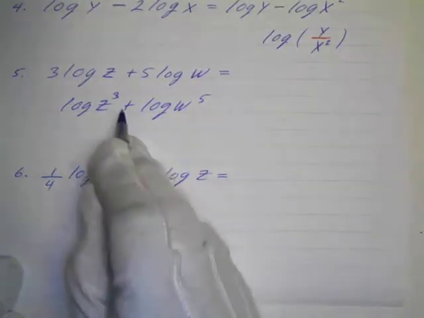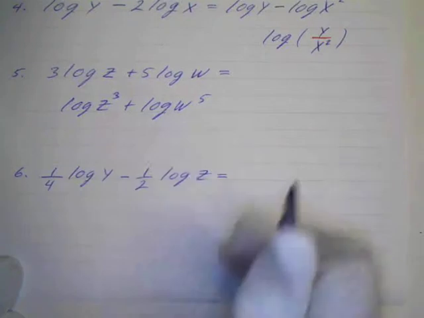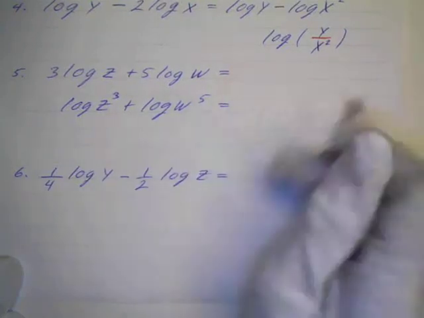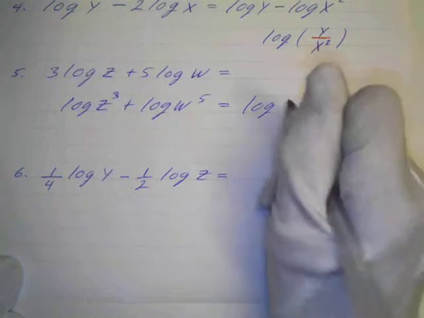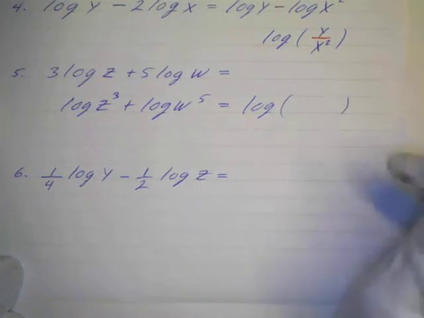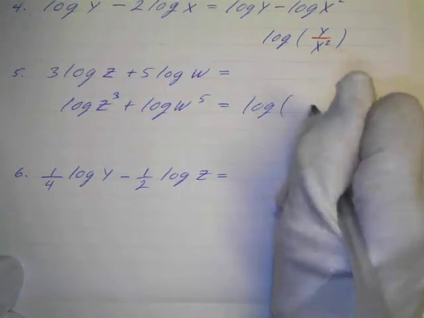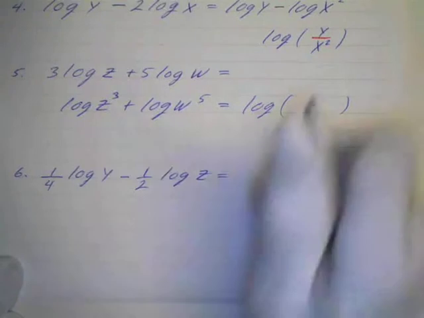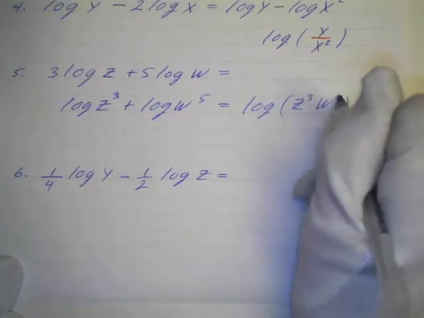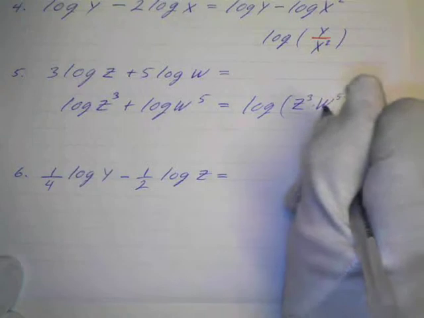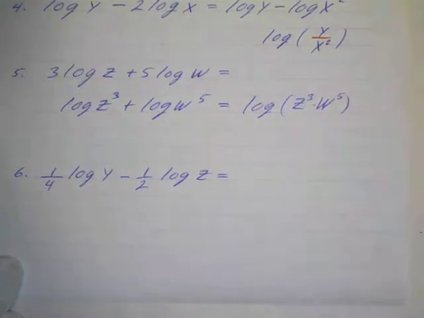And now we have the sum of two logs would be the log of a product. We use our product rule, and this is going to be the log of a product, and that's going to be something times something, and that's going to be z to the third times w to the fifth. All right, so that's not too bad.